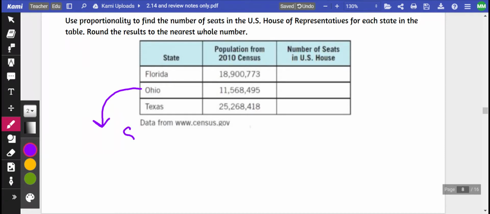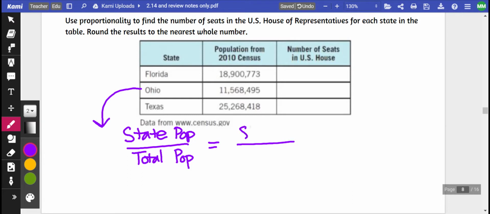So we're going to think of our state population over our total population. And we're going to still have our state over our total, but now we're going to think of the number of seats.